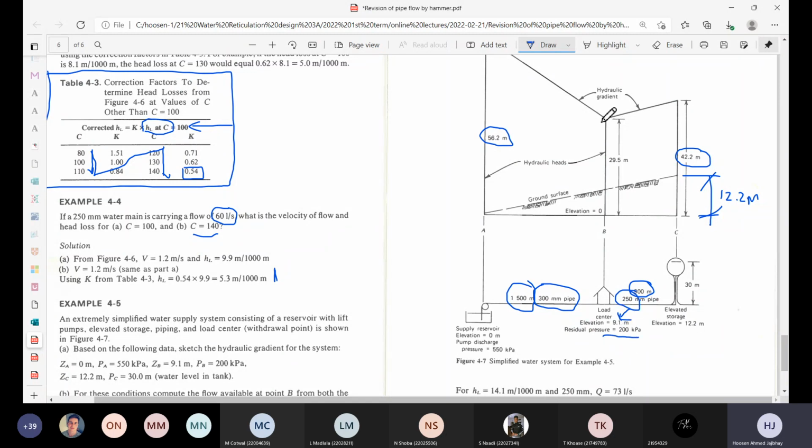It's the same pipe, so it can only have one pressure at point B because these two pipes intersect and join at that point. So the piezometer pressure at point B is 200 kPa.